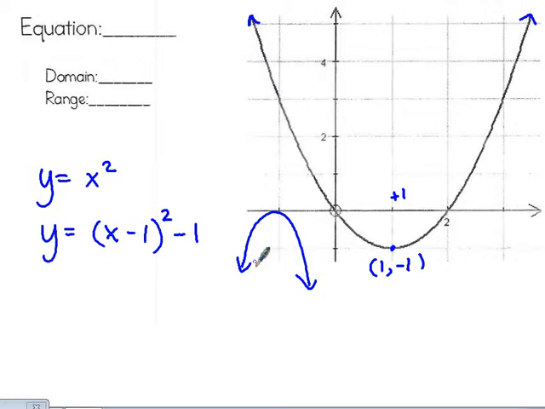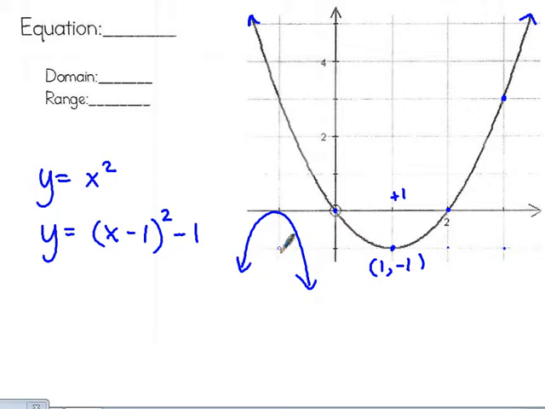Okay, so let's see. What else? We need to check and see if it's stretched at all. Originally the dimensions were go over 1, and 1 squared is 1. Over 2, 2 squared is 4. So 1, 2, 3, 4. Yep, it looks like the original dimensions are still in effect.